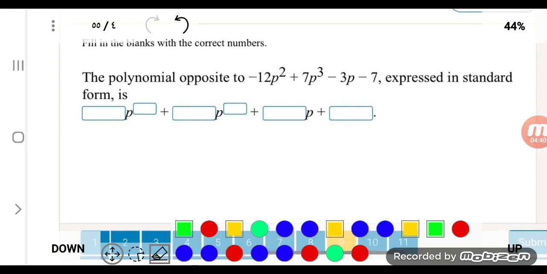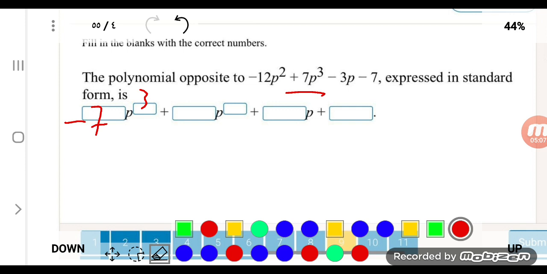Okay, the polynomial opposite to this expressed in standard form, what is it? Remember, standard form means the highest power first. So here you write 7p to the power of 3. Okay, we want to remember the opposite, the polynomial opposite to this. So here you have 7p cubed, you write minus 7.